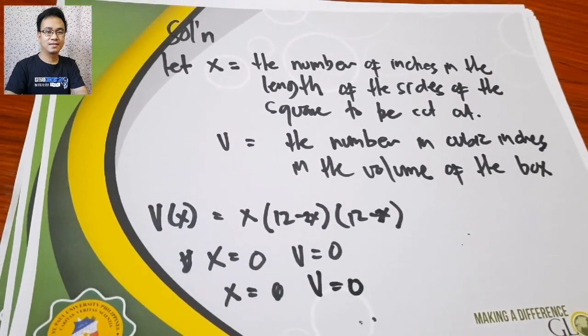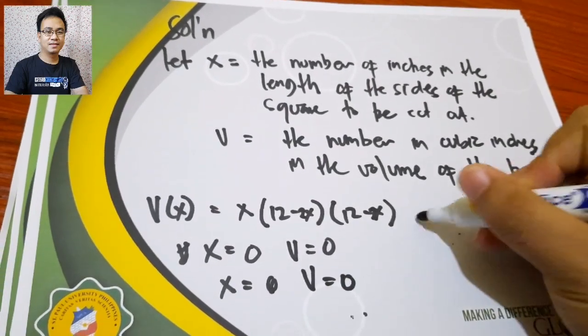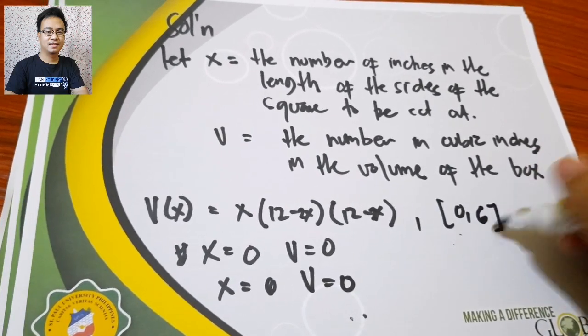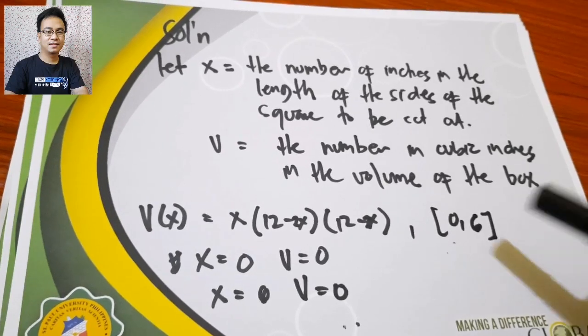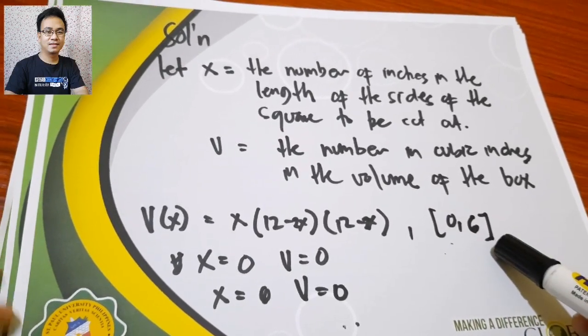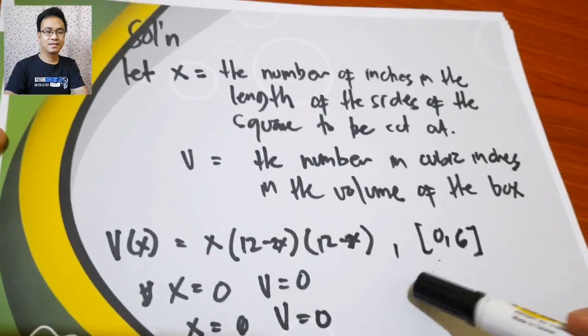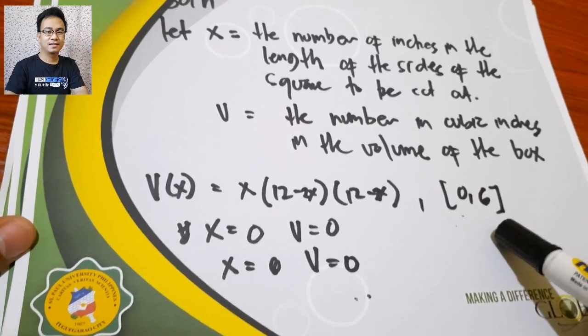Now, the value of x that we wish to find is in the closed interval 0 and 6. Alright? So because v is continuous in the closed interval 0, 6, it follows from our extreme value theorem that v has an absolute maximum value on this closed interval.